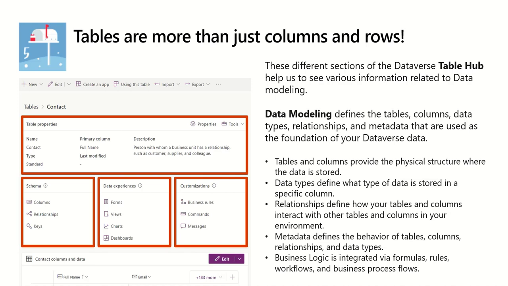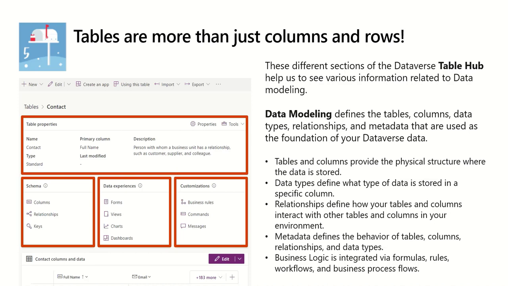Whether that be simply from a relationship aspect to alternative keys, to the simple things like forms and views, or charts and dashboards. So all of these things that you see here on this screen are working together to drive how this table will work when you build solutions against it.